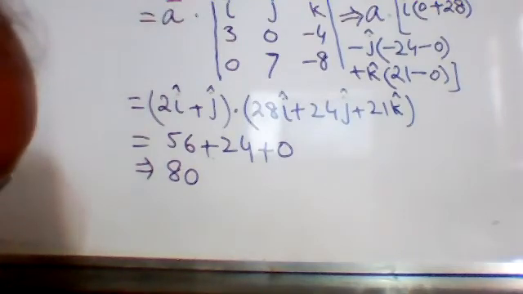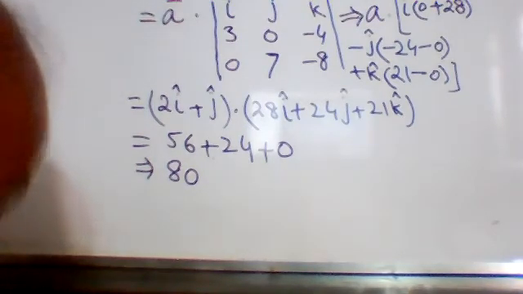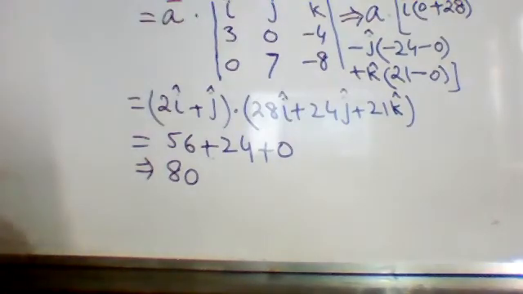Find the area of the triangle. We'll find the area of the triangle by taking the cross product and taking the half. I think I have told you that. This question I have done.